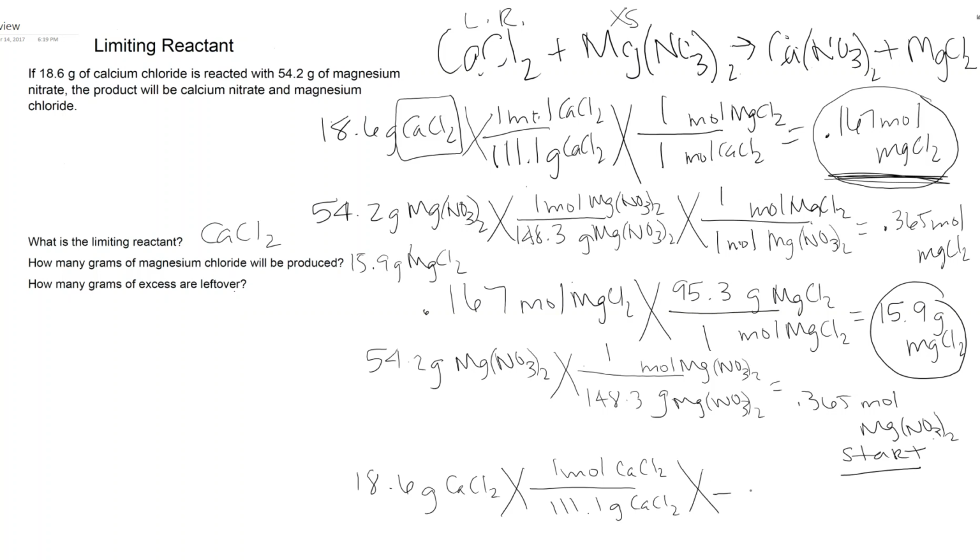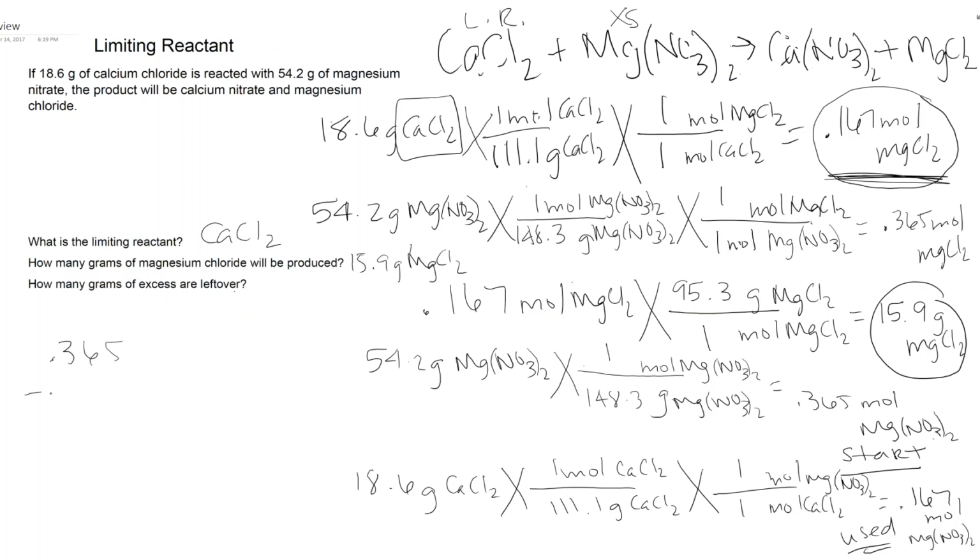Then we do a mole to mole ratio, moles of CaCl2 to moles of MgNO3, and that's all 1 to 1. So we know we have 0.167 moles of our MgNO3 that was used.